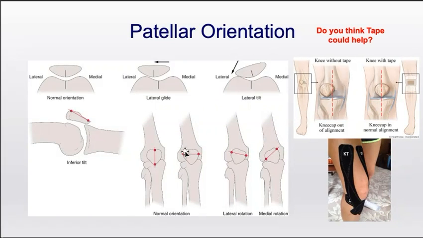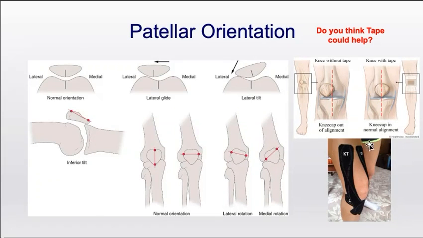So is there lateral rotation, medial rotation? Is it sitting in a weird position? So throughout your assessment, you're going to look at this, and there's all sorts of exercise rehab that you can provide to try to encourage the kneecap to track properly. You can also use some taping strategies to try to improve that tracking.